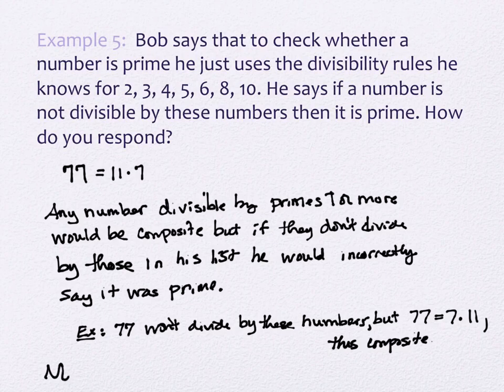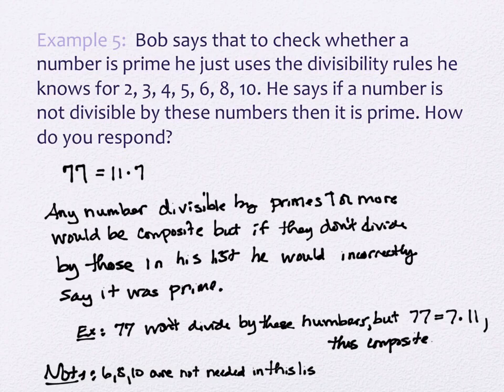And I might also even put in a note, 6, 8, and 10 are, you can say irrelevant, they're overkill, they're unnecessary. I'm going to say not needed in this list.